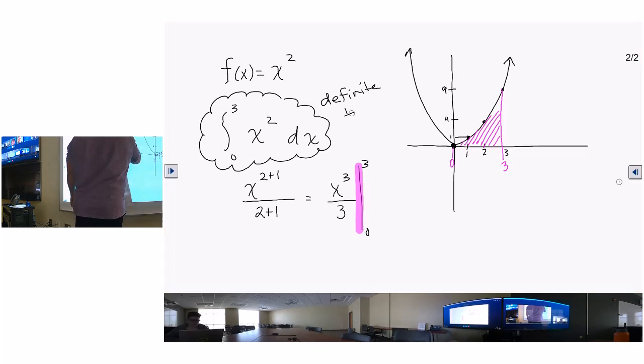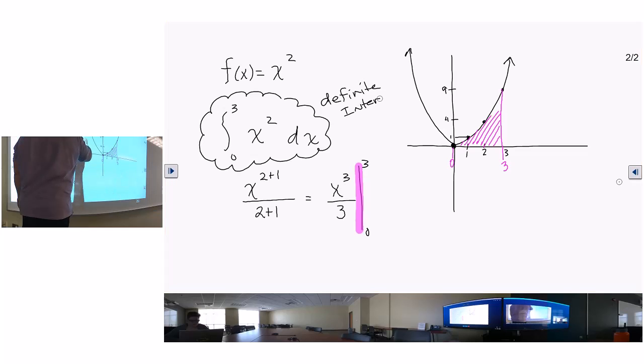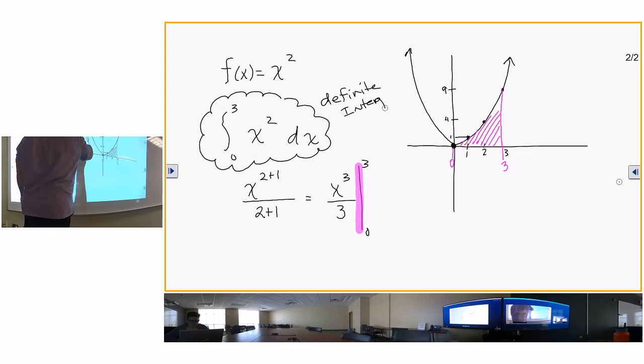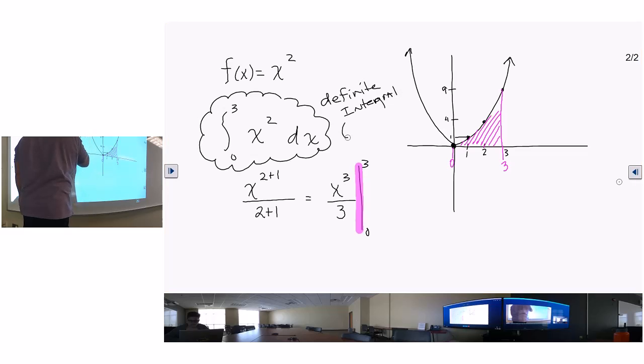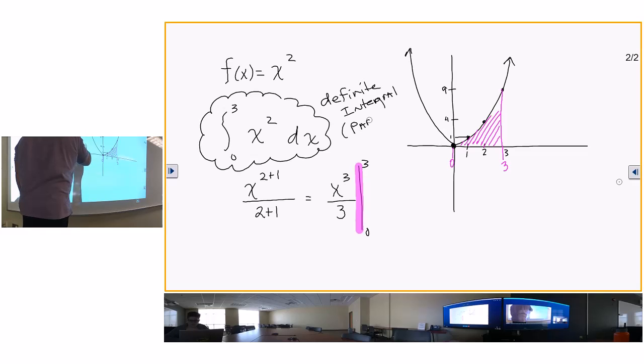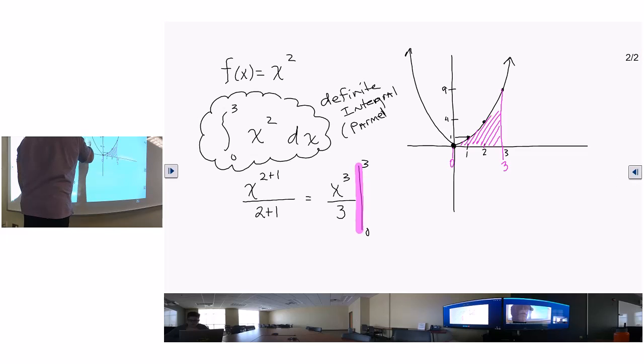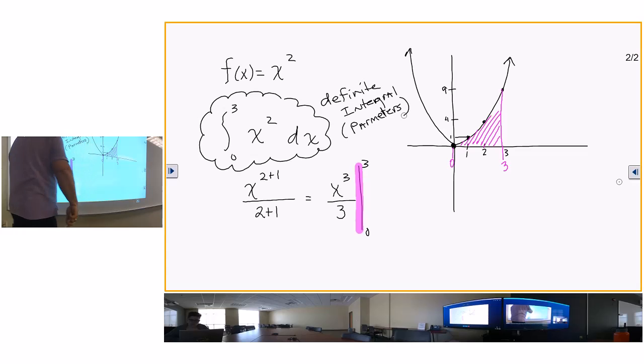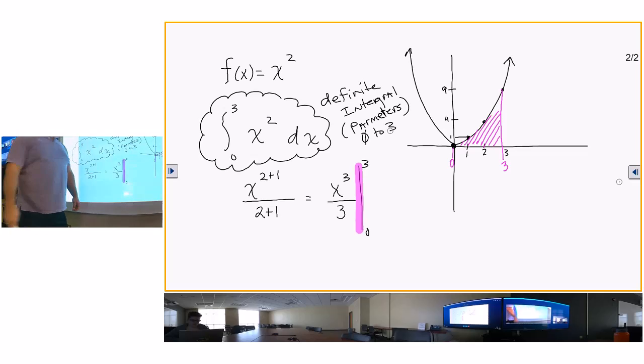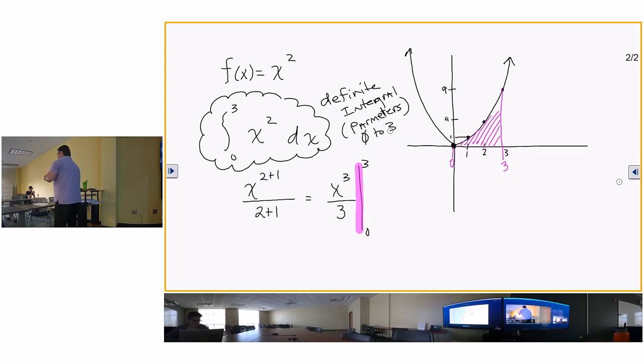A definite integral means that you have parameters. What are my parameters with this definite integral? 0 to 3. That defines a definite integral. An indefinite integral doesn't have parameters. And we'll get to that in just a minute.